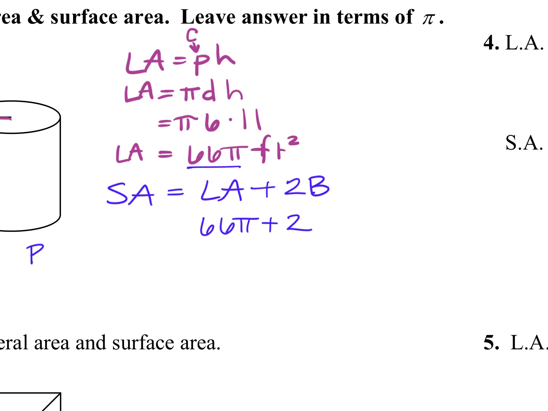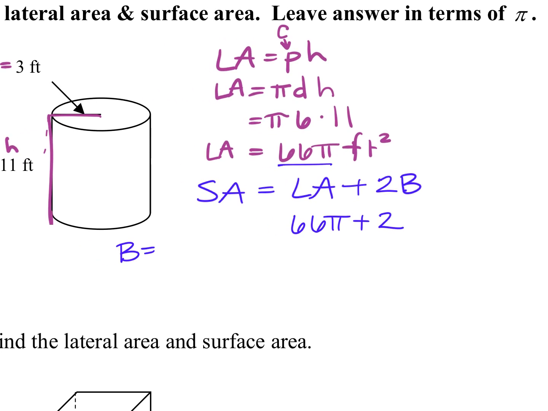What is B in this figure? It's the area of the base, and your base is a circle. So what's the area of a circle? Pi r squared. So pi times the radius, which is 3, squared, that's 9 pi. Okay, so where you see a B, you drop in 9 pi.